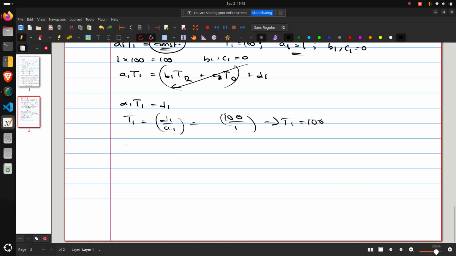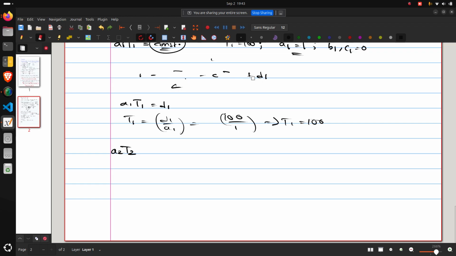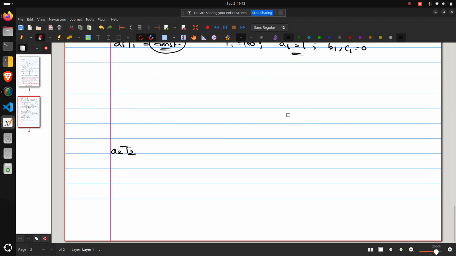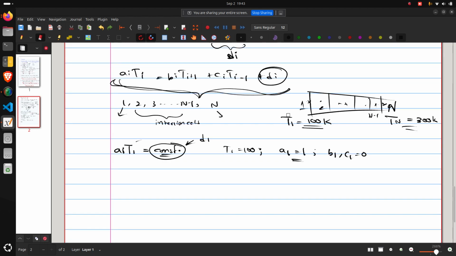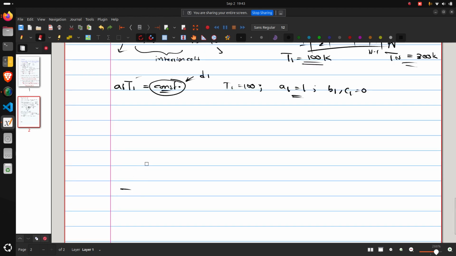So now if we write the t2, what will be the t2? So a2 t2, just let me rub all these things. So this part is clear, right? How to write for the first boundary. At the boundary we just cast the boundary value in the system of linear equation form that we have here, and we just make a statement about the boundary condition that we have all the values specified.